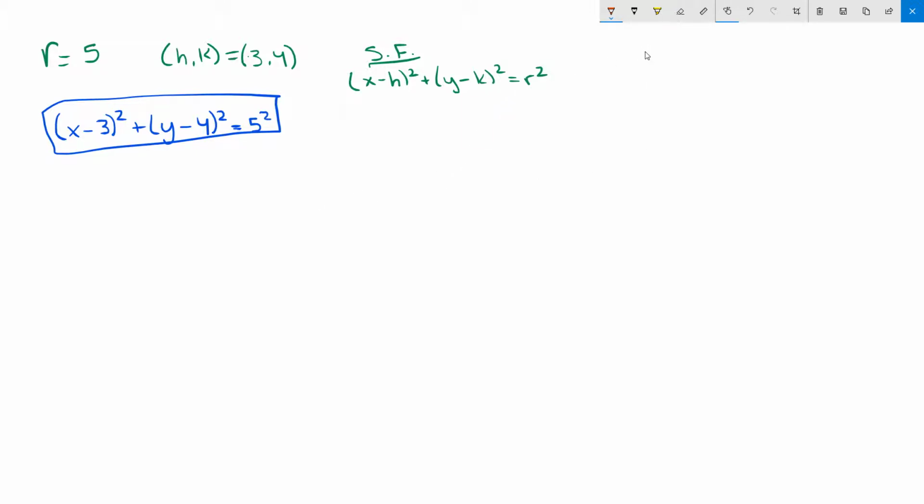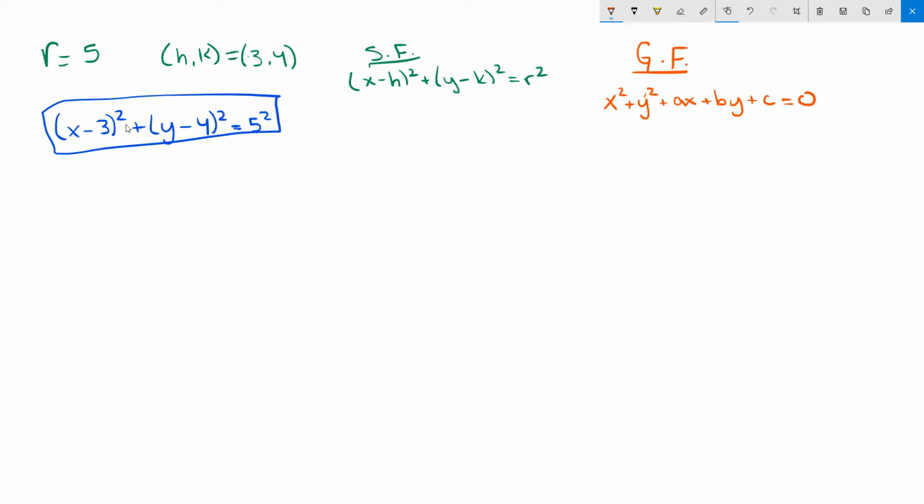Recall that the general form, GF, is x squared plus y squared plus ax plus by plus c, all equal to 0.